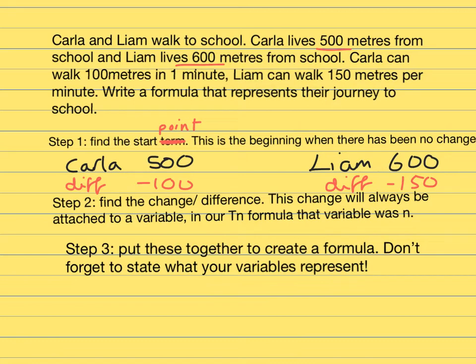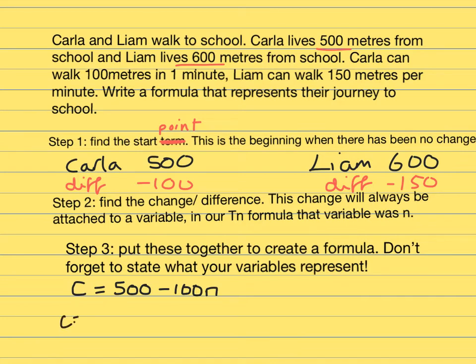So I'm going to call Carla's formula C. I'm just not going to use Tn here, so C instead of Tn. And I'm going to say that Carla starts at 500 and she walks 100 meters per minute. So she decreases her distance by 100 meters per minute, and I'm going to represent the minutes as n.